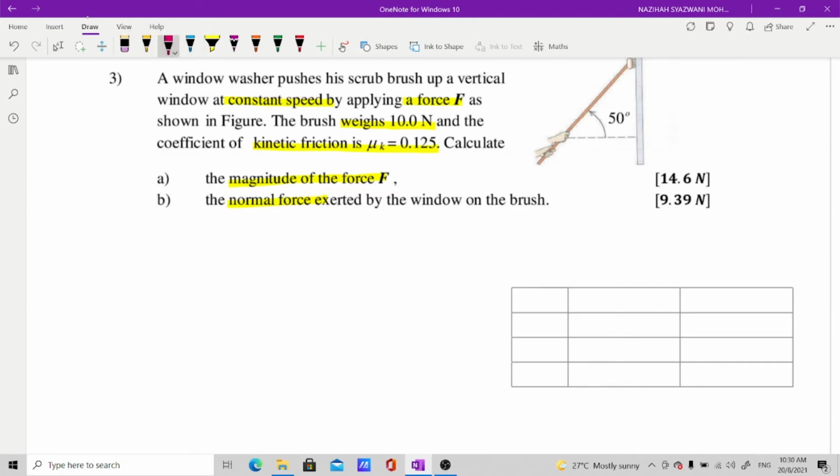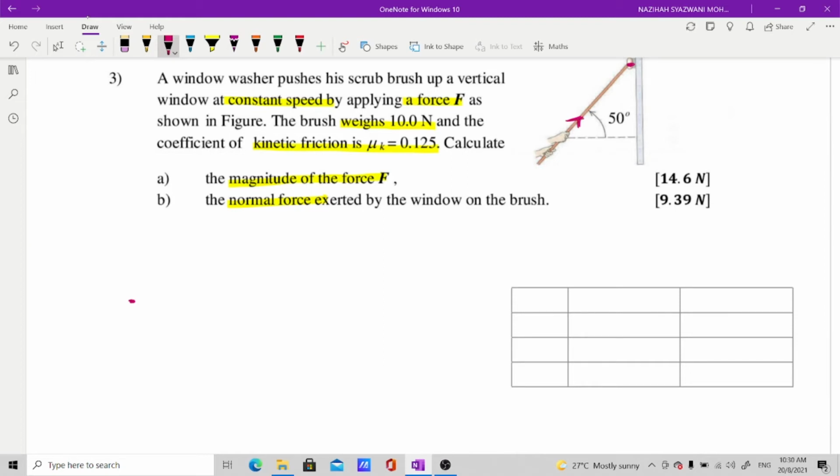We are going to put the object here, okay? I'm going to draw the free body diagram of this thing here. What we have here, the window washer pushes his scrub brush up a vertical window. So they are exerting a force pushing the brush.